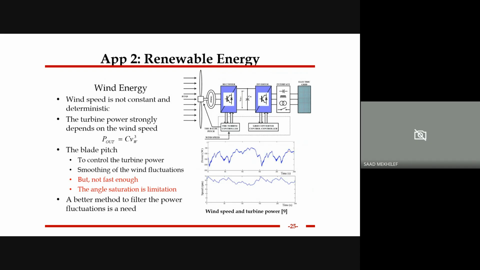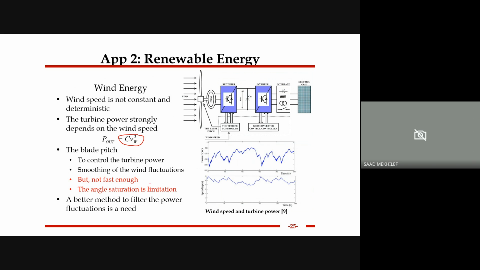You can see the power profile follows the speed profile, so it fluctuates, because you can see in this formula the power is dependent on the velocity, the speed. V cubed means a small change will result in a high change in power.